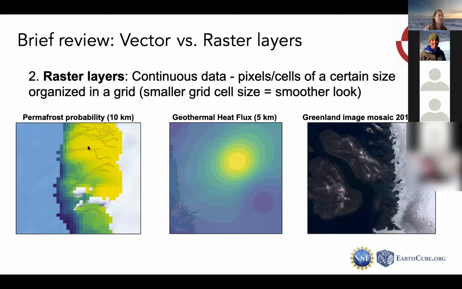You notice that it's fairly pixelated because of the large grid cell size. In the middle here, this is another data set we've included called geothermal heat flux with a slightly smaller grid cell size. And then on the far right, a Greenland image mosaic from 2019 of very high resolution. And we have several other raster layers included in the QGreenland data package.